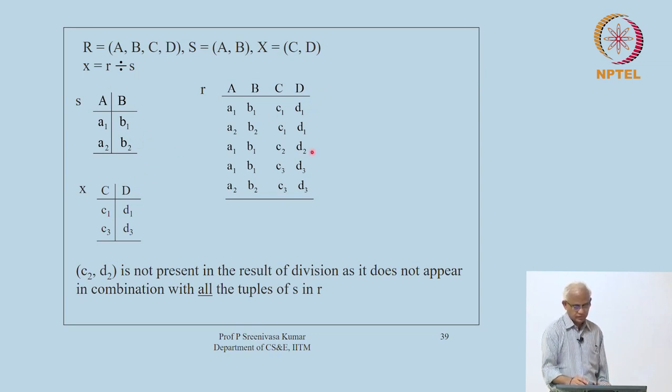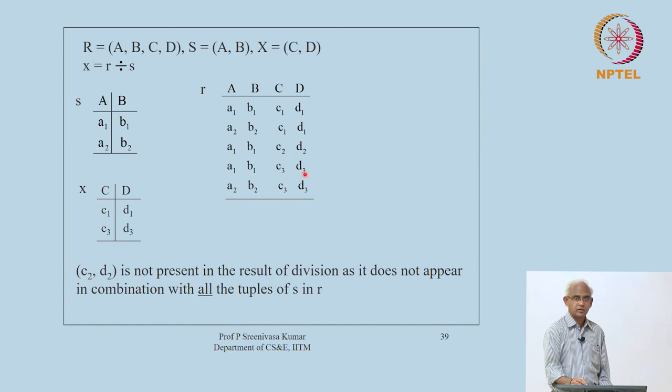Let us look at this instance. S has two tuples, A1 B1 and A2 B2. Now what are those tuples in the CD part of the relation R that combine with every tuple here and exist here?